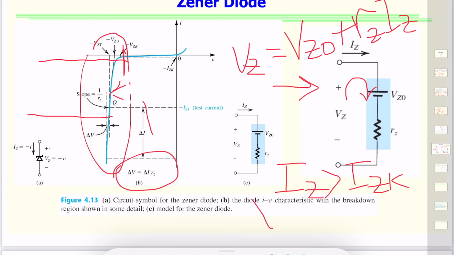And obviously VZ is much greater than VZ naught, because that contains the whole voltage drop across the reverse biased Zener diode.